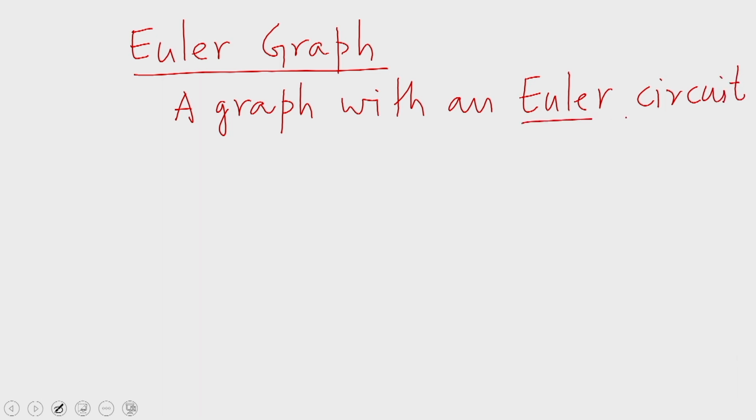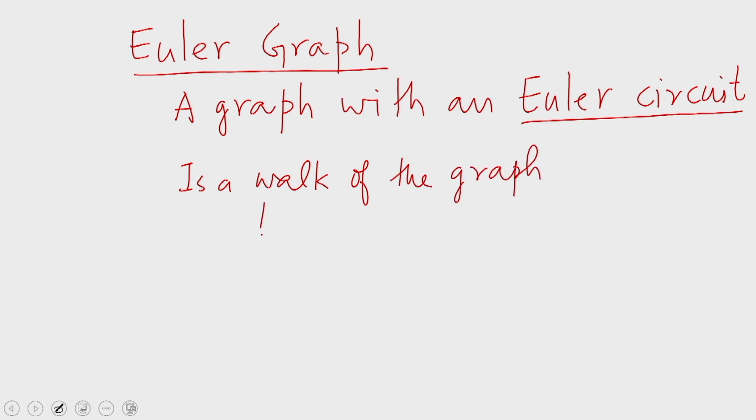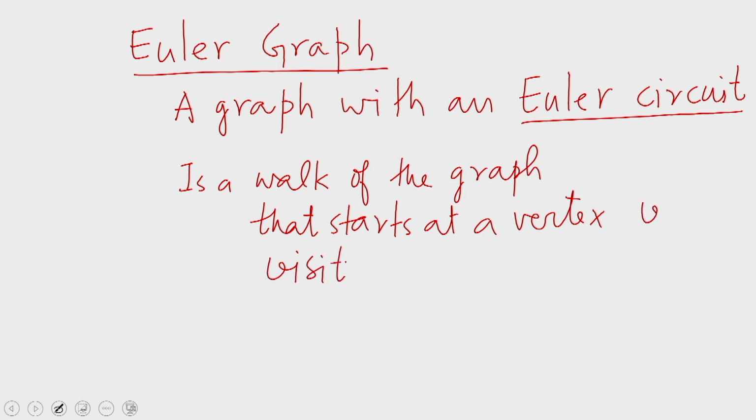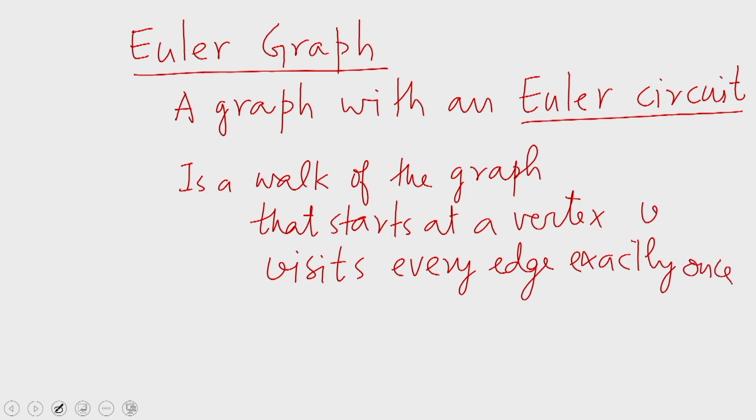An Euler circuit in turn is a walk in the graph, which is a traversal of the graph, that starts at a vertex V, visits every edge in the graph exactly once, and returns to V.